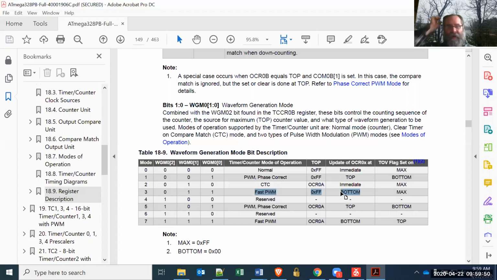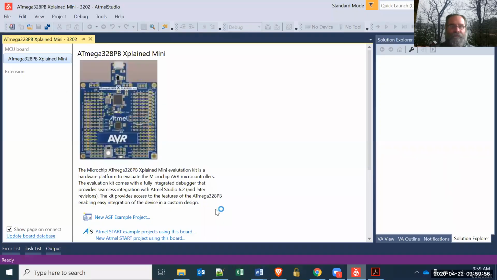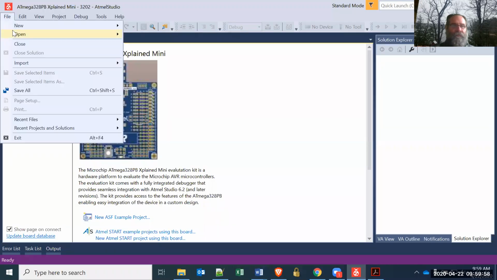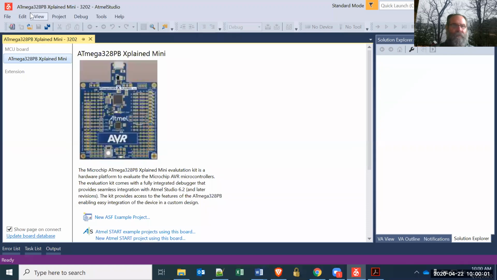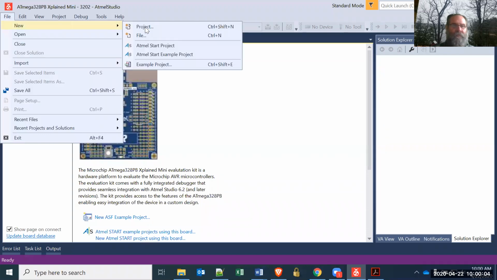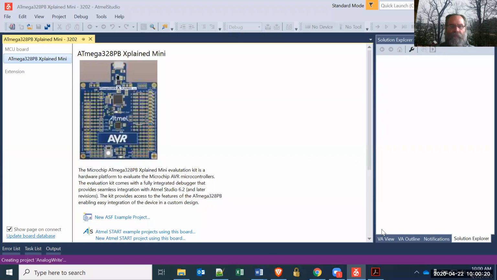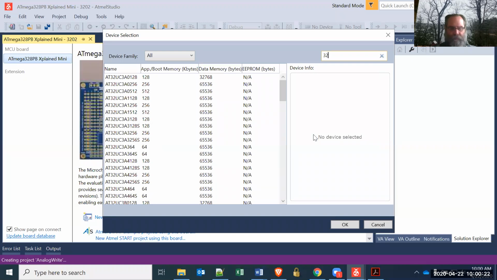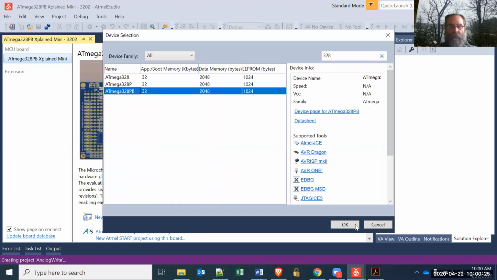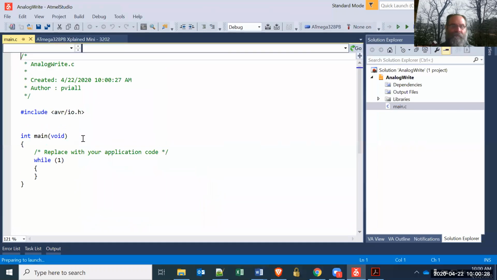Let's see if we can put that into practice in a program. Let's start a new project. New project. I'm going to call this analog write. All right.